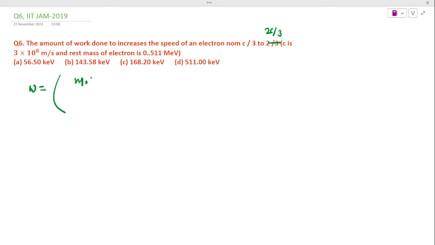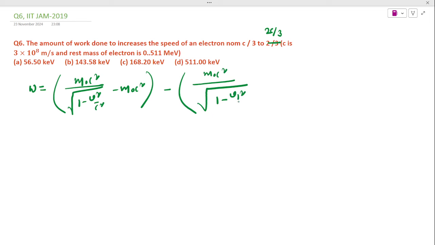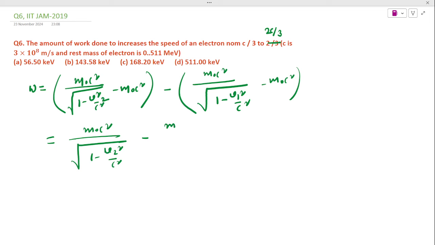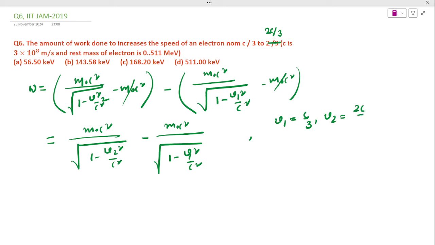Change of kinetic energy means m naught c square by root over 1 minus v2 square by c square, minus m naught c square, minus m naught c square by root over 1 minus v1 square by c square, plus m naught c square. The m naught c square terms cancel, and we put in the values: v1 is given as c by 3, v2 is given as 2c by 3, and the rest mass energy m naught c square is 0.511 mega electron volt.